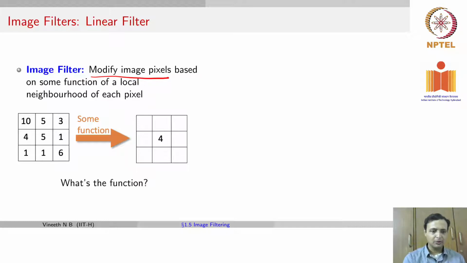Let's take this example. You have a 3x3 image here, and you have the pixel values indicated in this particular image. Let's assume that you're going to use some filter and get the output at the central pixel to be 4. Can you guess what the function is?